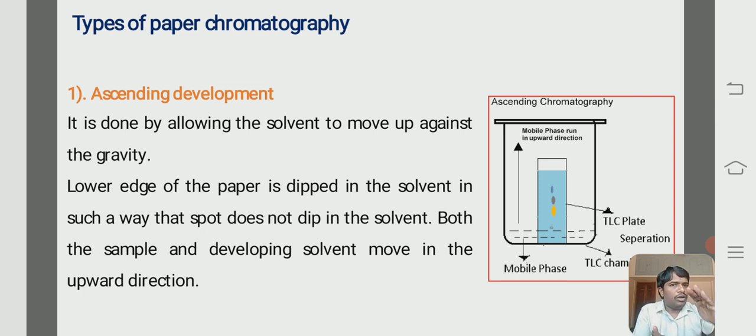Here the lower edge of the paper is dipped in the solvent in such a way that the spot does not dip in the solvent. Both the sample as well as the mobile phase, the developing solvent, move in the upward direction. That means ascending, upward direction.